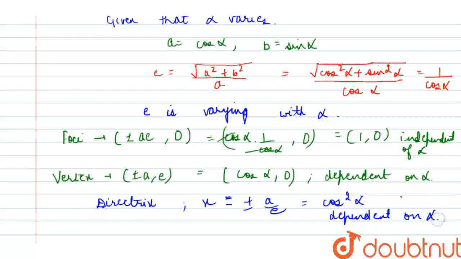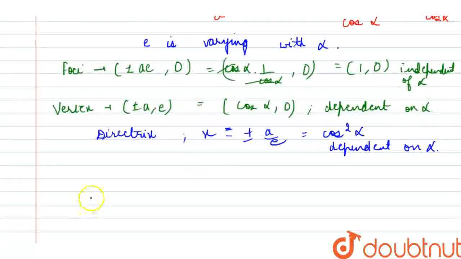So from all the four parameters we can see there is only foci whose abscissa is independent of alpha. Abscissa means the x coordinate. So we can see the foci, the abscissa is 1. So it means that foci is the correct option.